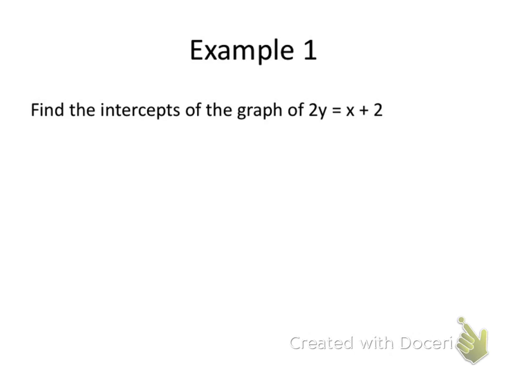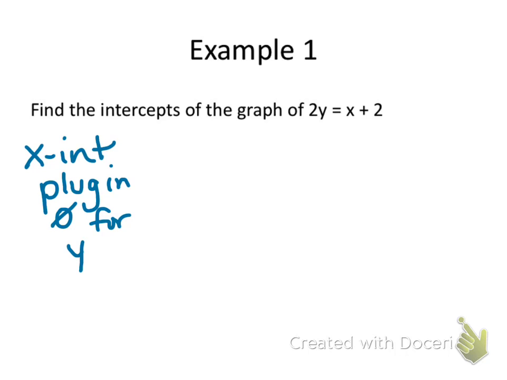So when I am finding the x-intercept, I will plug in a 0 for y. So I start out with the equation, and then I come over here and substitute in 0.